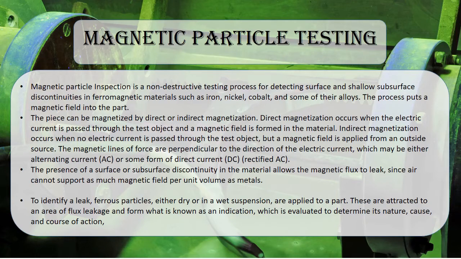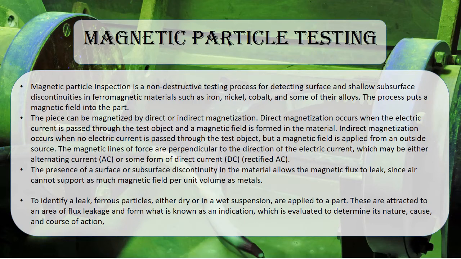The piece can be magnetized by direct or indirect magnetization. Direct magnetization occurs when the electric current is passed through the test object and a magnetic field is formed in the material. Indirect magnetization occurs when no electric current is passed through the test object but a magnetic field is applied from an outside source.